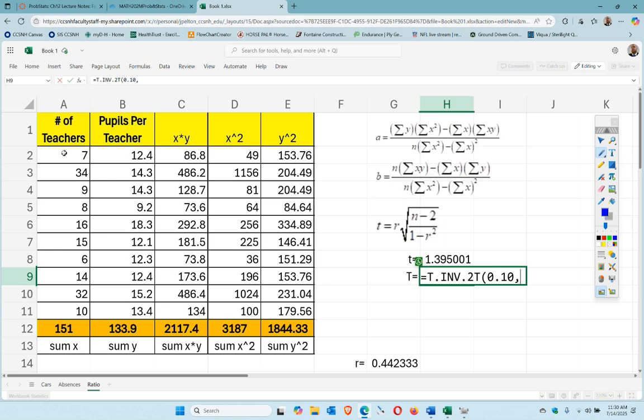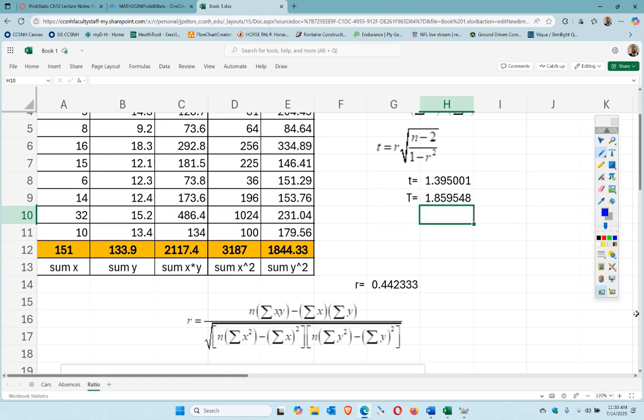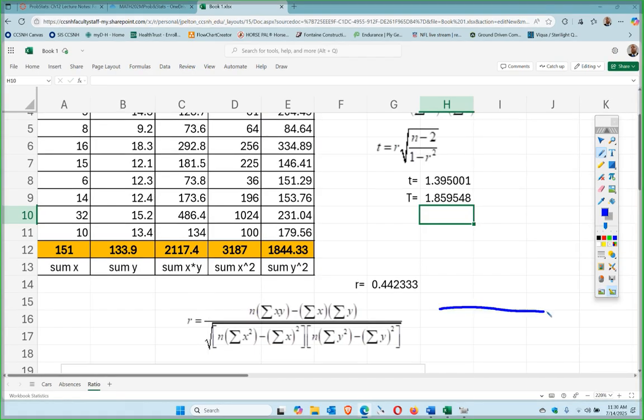I thought this was 11. I guess it's 10. 10 minus 2. Okay. Oh, wait a minute. That's not going to work, is it? Come on. So now I have 1.85 and negative 1.85, right, for my uppercase t.